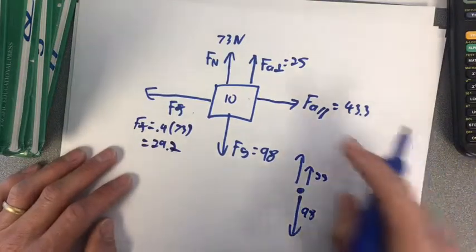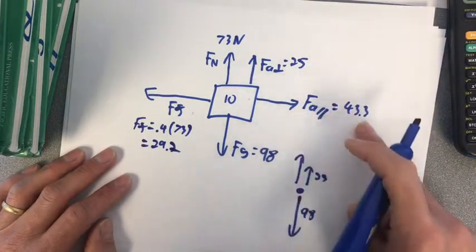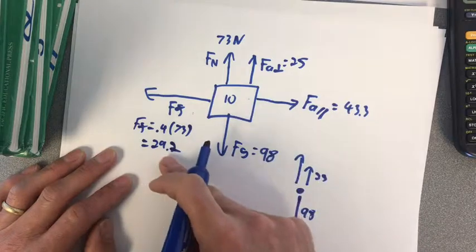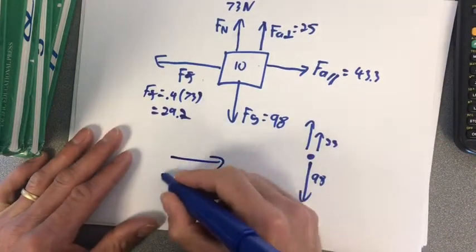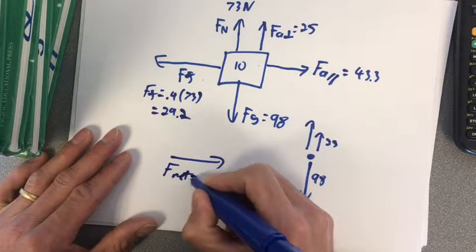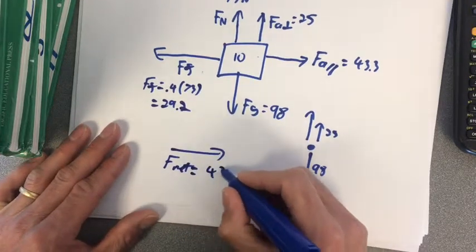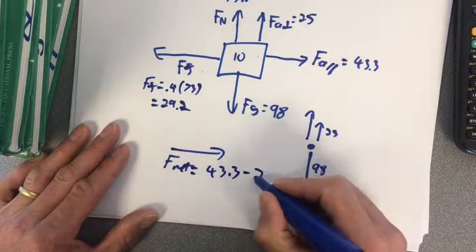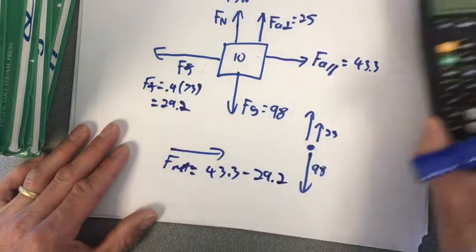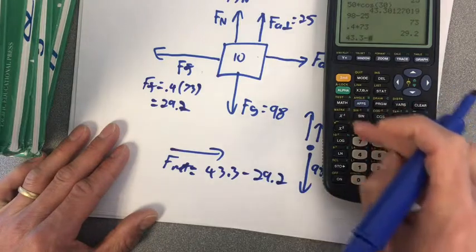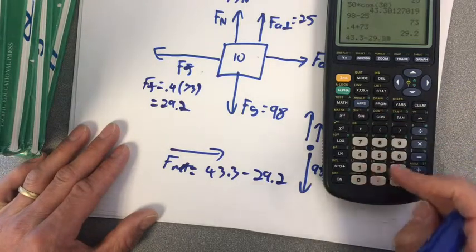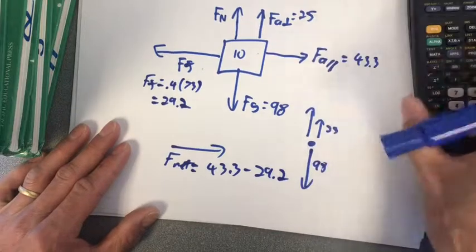So now my net force is the parallel component of my applied force minus my force of friction. So that's 43.3 minus 29.2. And that's 14.1.